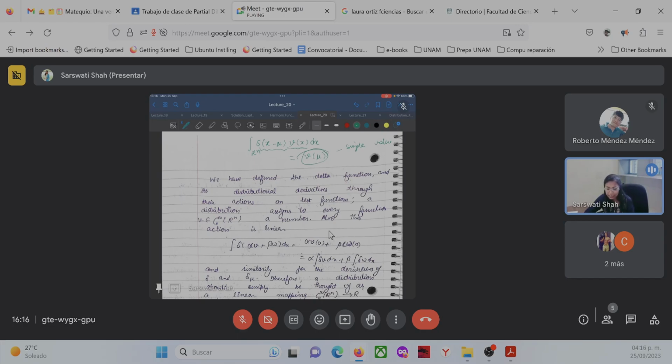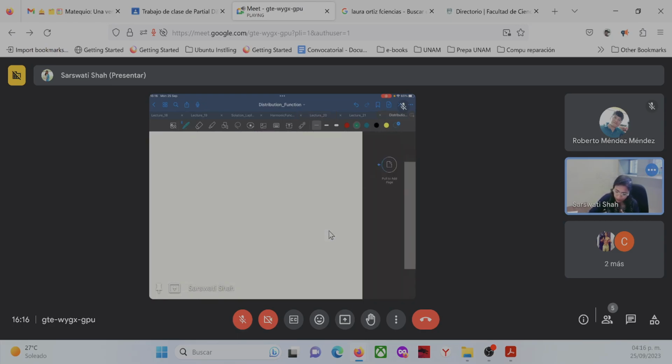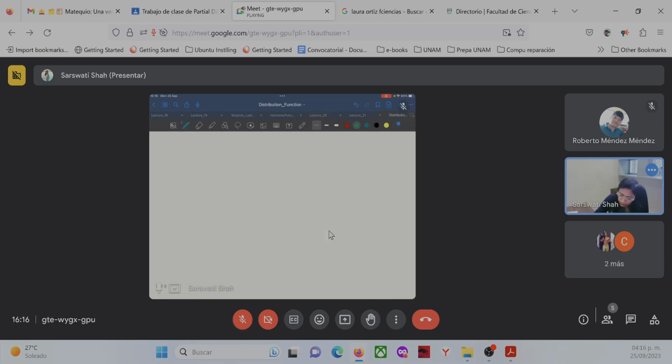This is a number because this is a single value. Also this action is linear. So if you calculate delta operating on the linear combination of two test functions, alpha v plus beta w, suppose this is delta of x, and we are taking two test functions v and w.